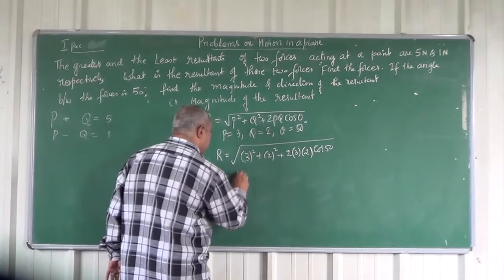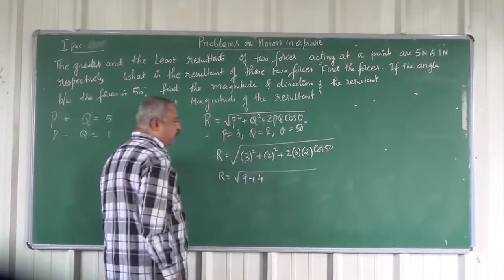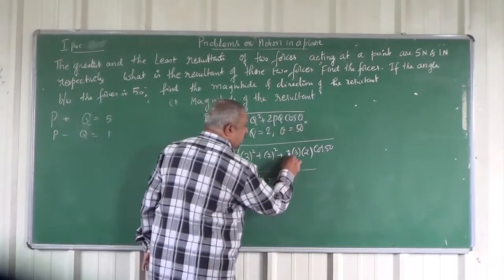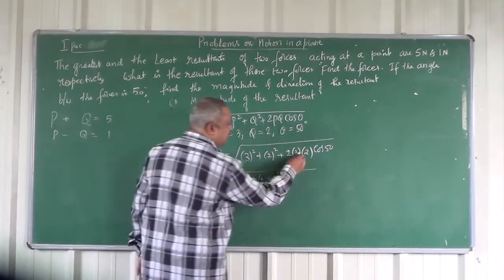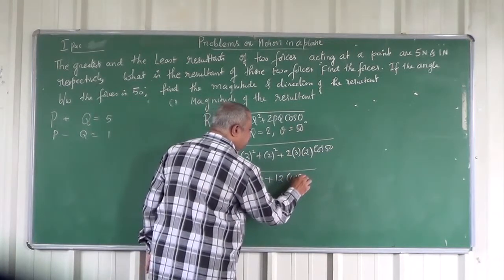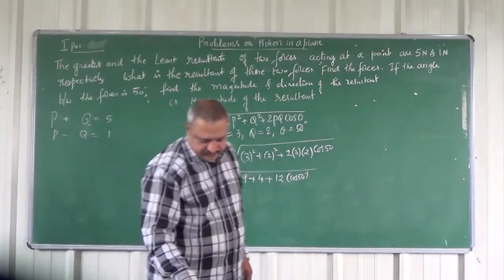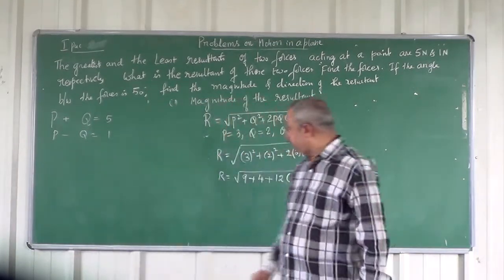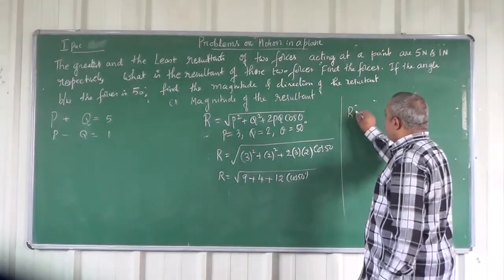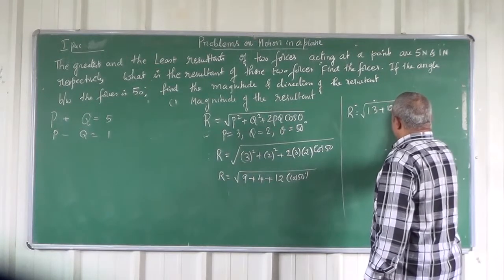Or R is equal to square root of 9 plus 4, 3 square is 9, 2 square is 4, plus 2 3s are 6, 6 2s are 12 into cos 50. R is equal to square root of 13 plus 12 times cos 50.